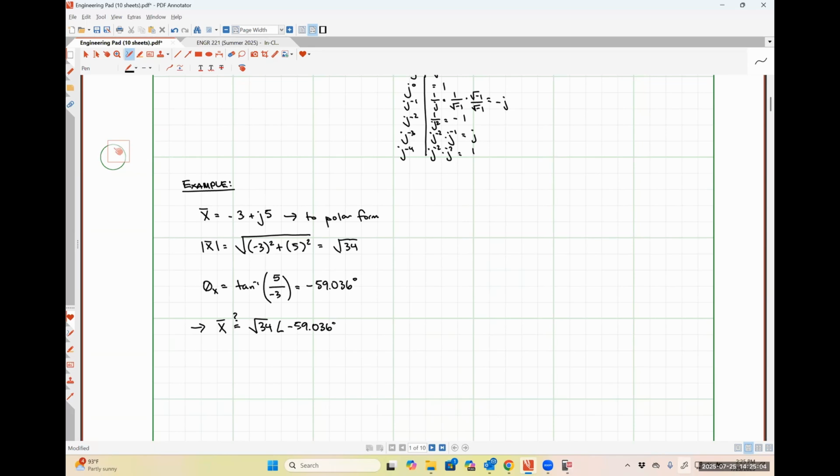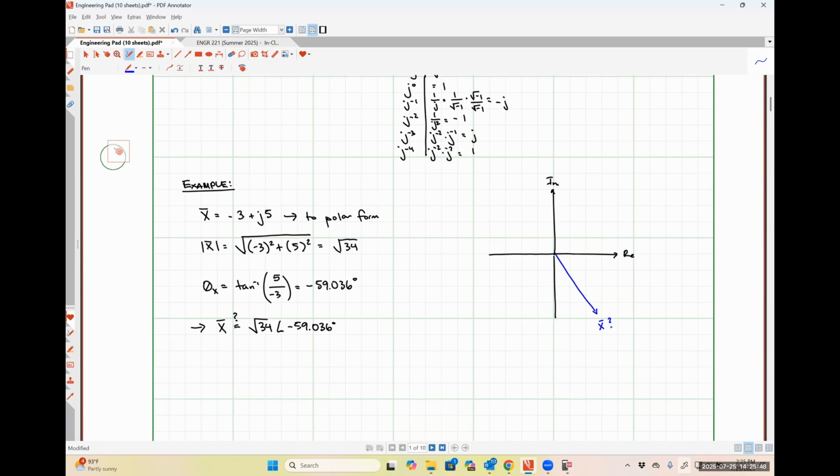If I were to plot that number on a complex plane, where this is my positive imaginary axis, and this is my positive real axis, square root of 34, angle -59.036 would be something in the ballpark of down here. So I have something that appears like it is in the fourth quadrant of this complex plane.